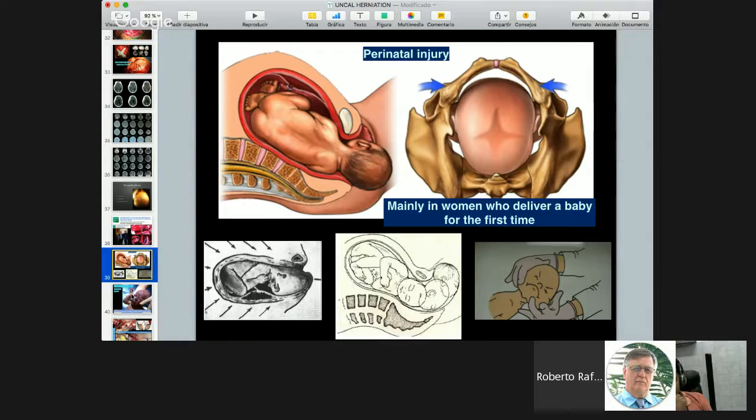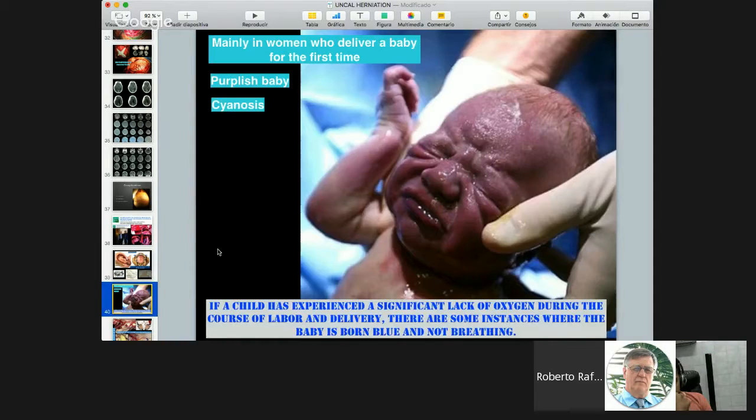This is if a child has experienced a significant lack of oxygen during labor and delivery. There are some instances where the baby is born blue and not breathing, the purplish baby with cyanosis.